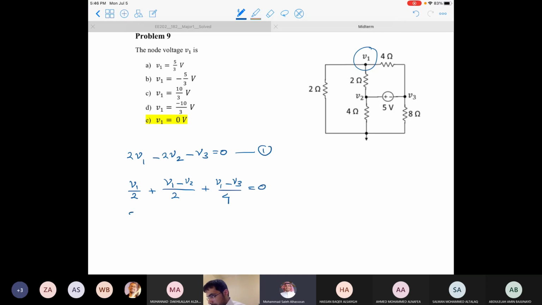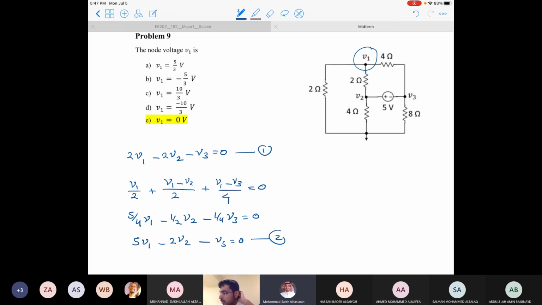If I simplify it, I will get 5 over 4 V1 minus 1/2 V2 minus 1 over 4 V3 equals to 0. Multiply everything by 4, I'll get 5V1 minus 2V2 minus V3 equals to 0. So now I have two equations.